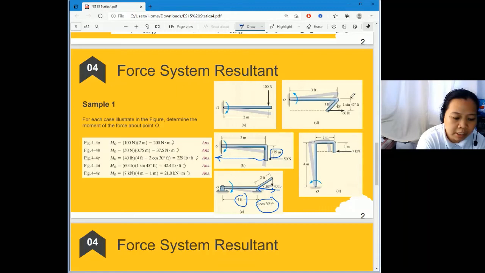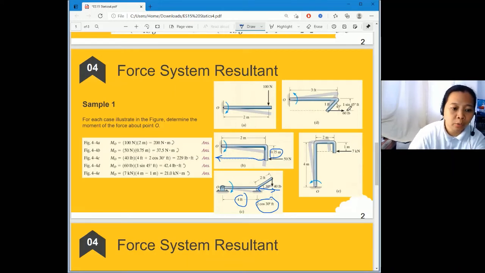times 60 force. So in this case, you will only use 1 sine 45 times 60.